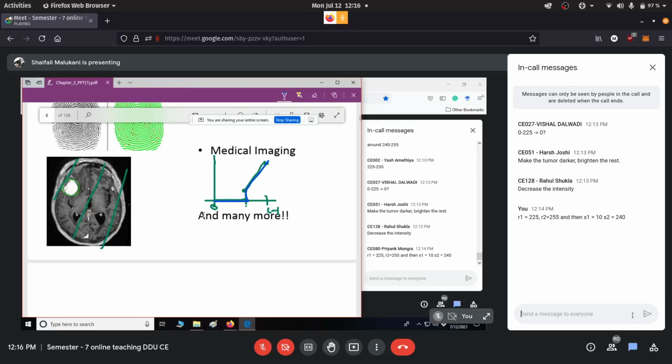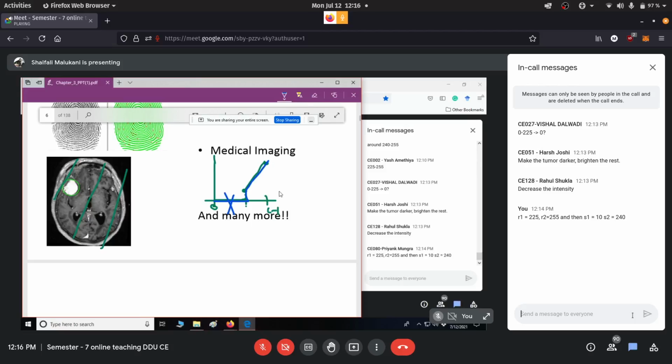Which range of intensity I highlighted? Can you tell me? The range of intensity that we worked upon was R1 to R2, 225 to 255. Others we suppressed, right? We highlighted this range, right?